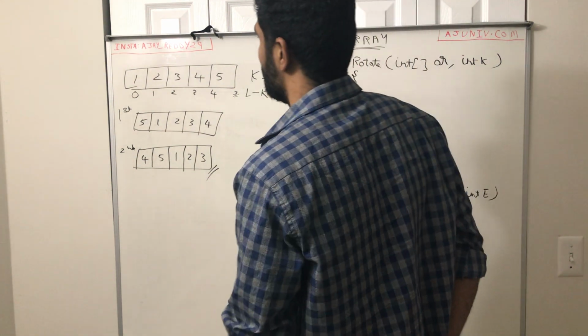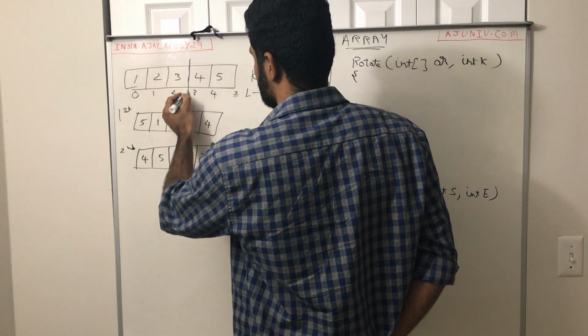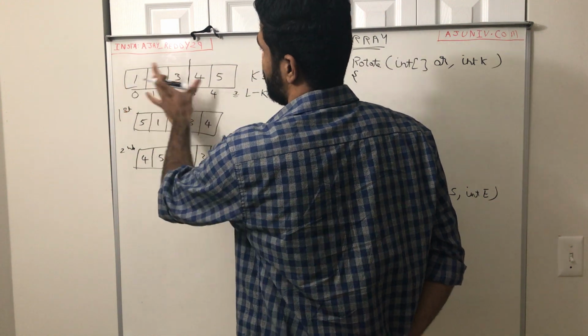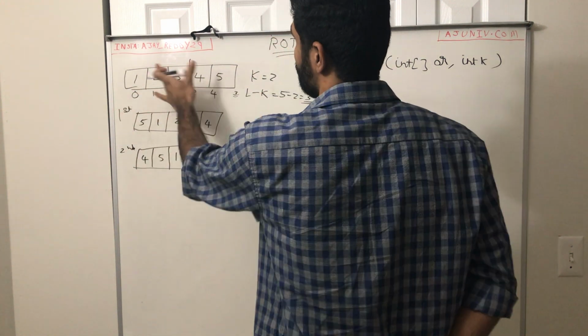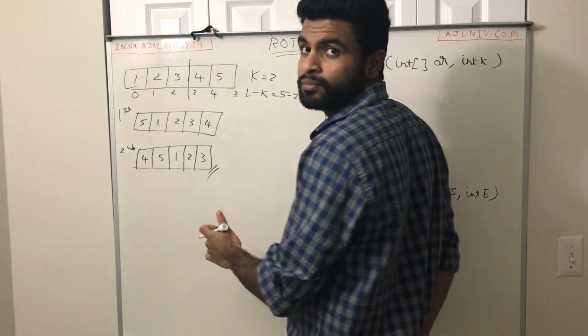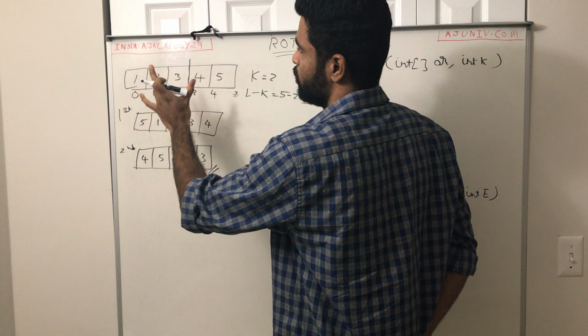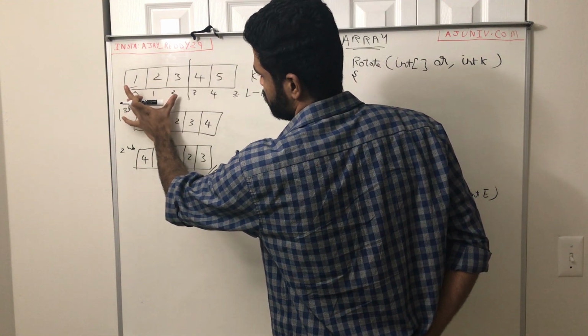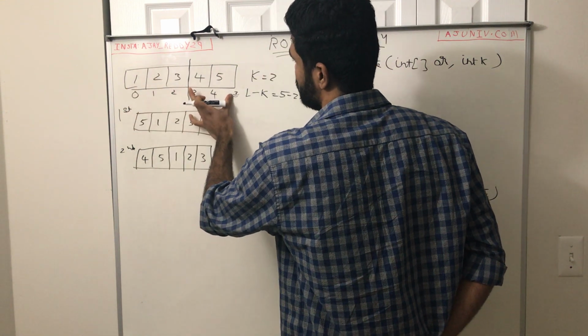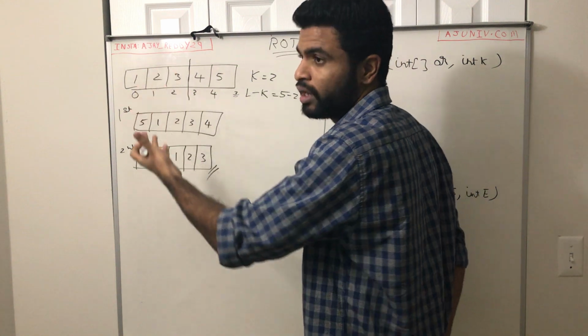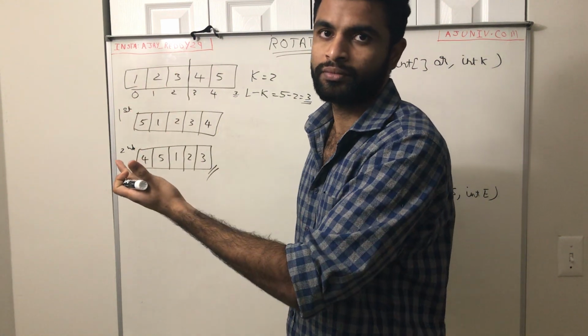Once you get this index, you divide the array into 2 subarrays just before that index. Then you reverse the left subarray, then the right subarray, and then again you reverse the complete array.